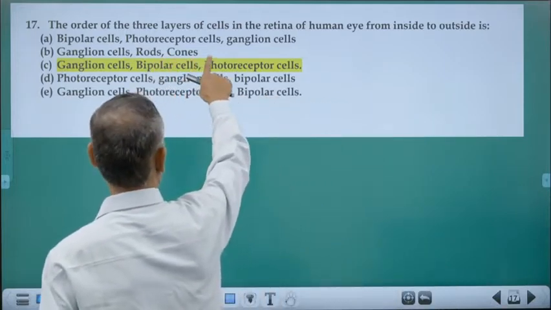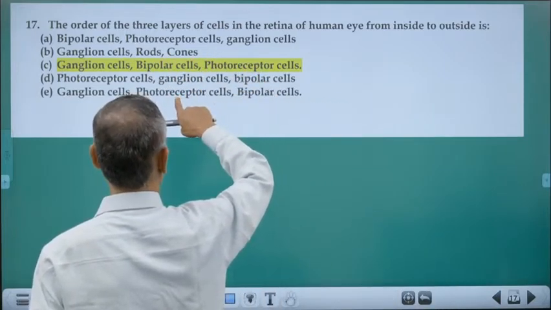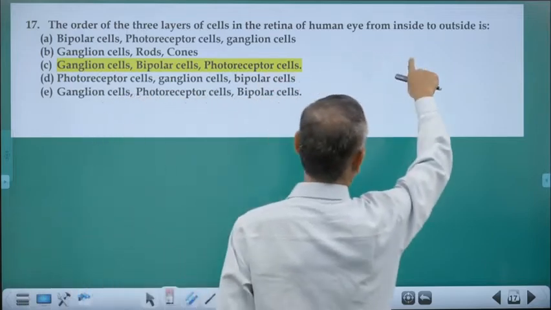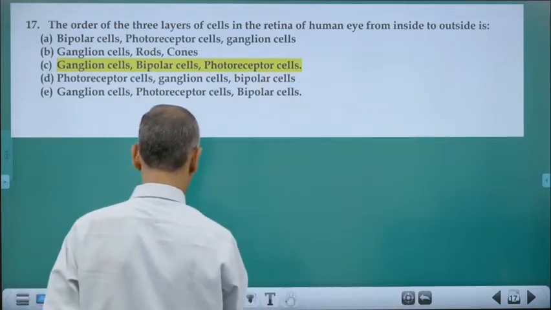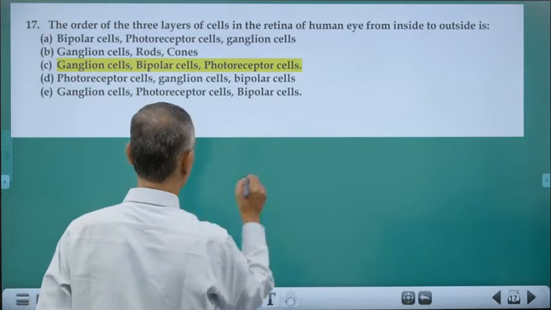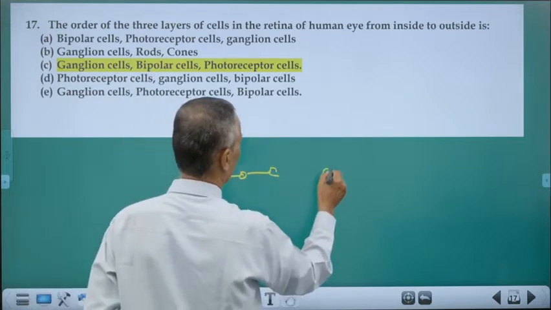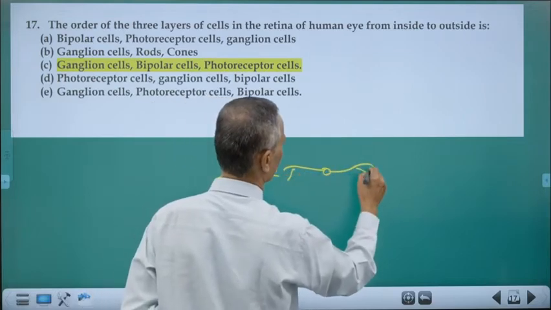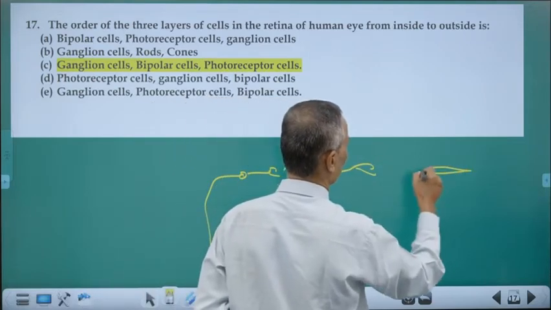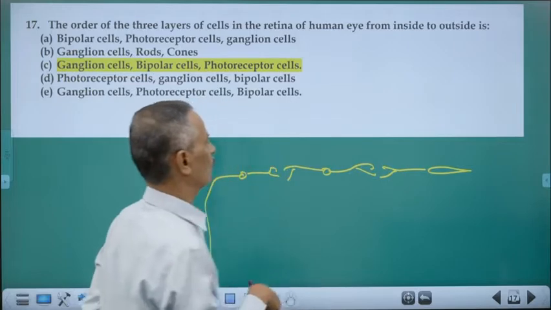Order of the 3 layers of cells in the retina. We have, from inside to outside, the ganglion cells, then bipolar cells, then rods and cones. That is photosensitive.